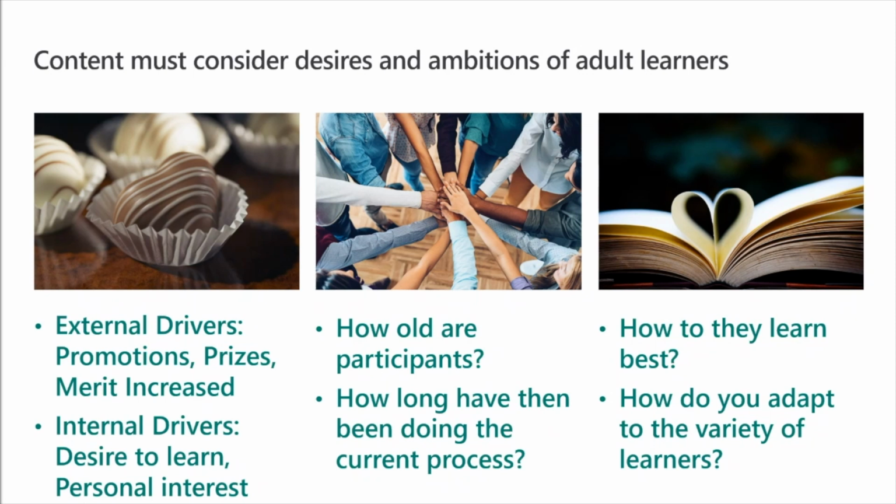As learners get older, their cause for participation in learning programs often moves from external drivers, such as getting a promotion, to internal drivers like simply learning out of pure pleasure or interest in learning something new. I know this is true for myself. When I was younger, I had external drivers such as a job title or a promotion, and now I like to learn just because I find it interesting.